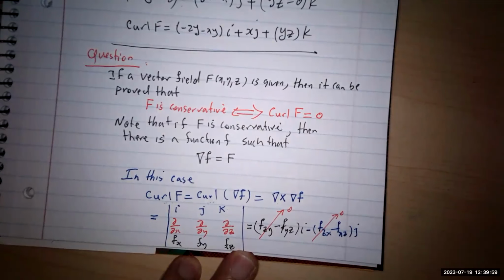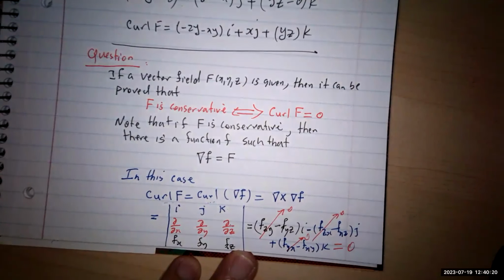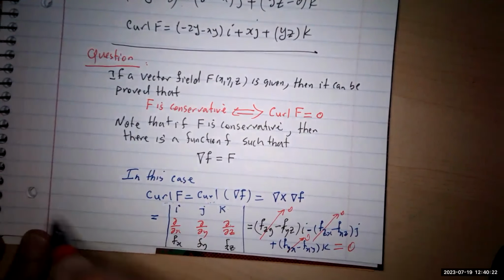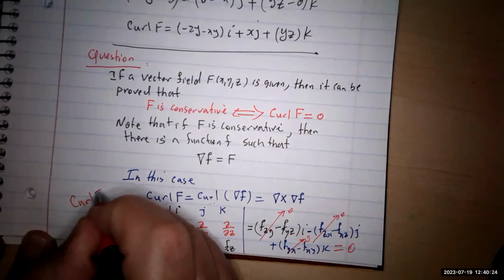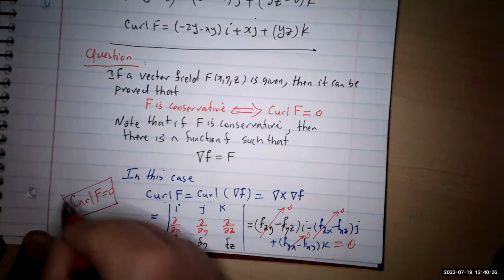And the same for the last one: f_yx minus f_xy times k. This is 0. You know that for the second derivative, the order doesn't matter. So the curl of f is equal to 0.